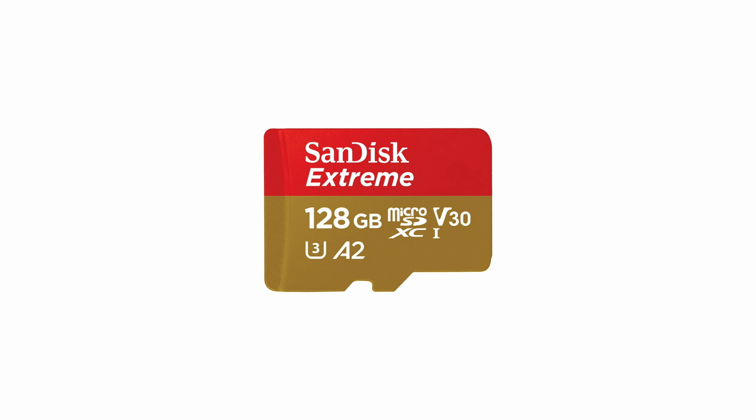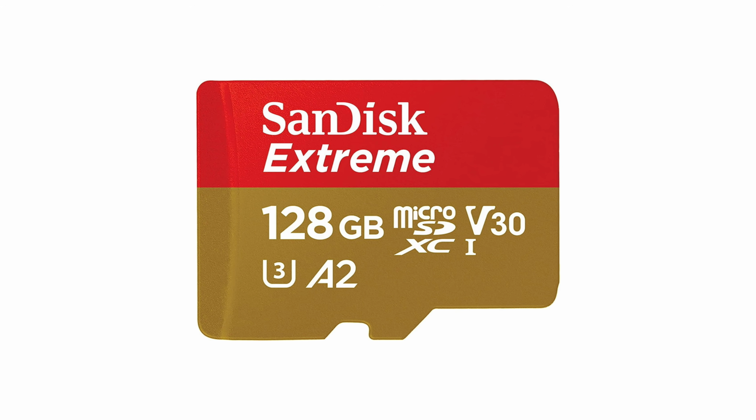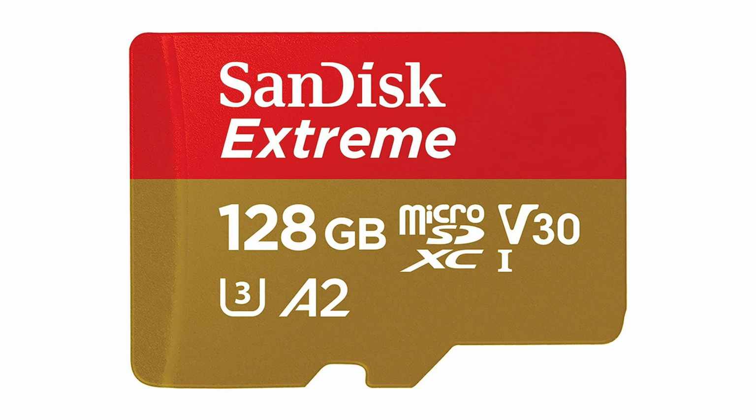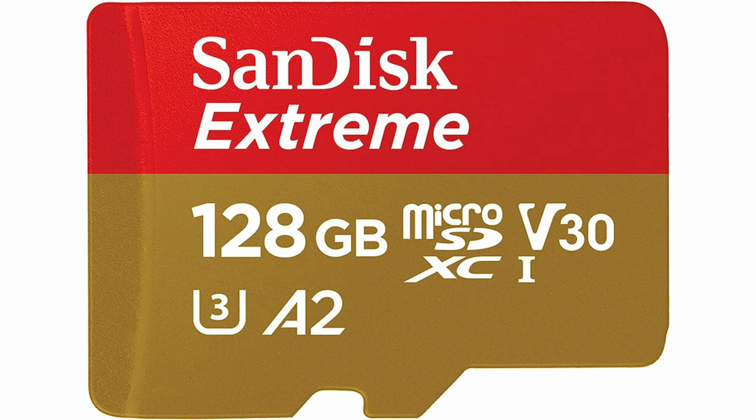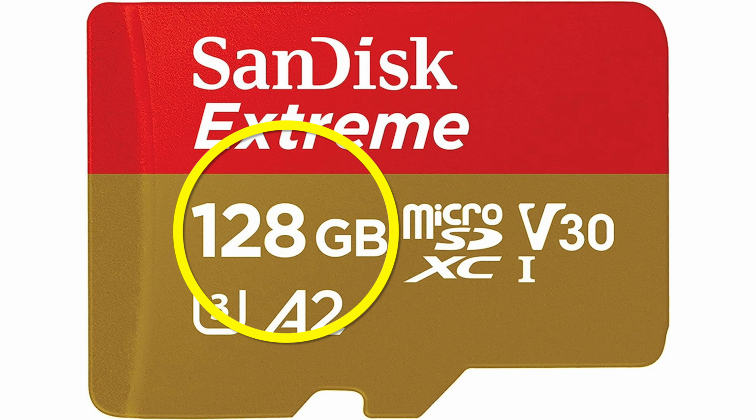Memory card specifications are confusing, but there are only a few key ones you need to look for. First, be sure to purchase a card with at least a V30 speed class designation. This will guarantee that the card can keep up with the data rate required for high-resolution video recording. The capacity of the card will determine how long you can record.